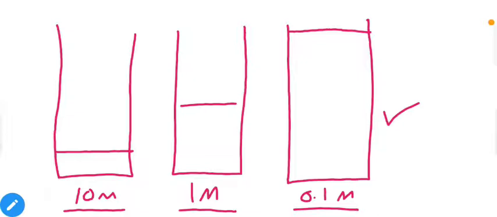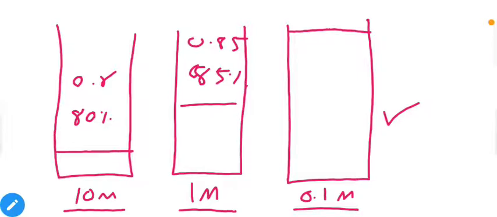So let us say in 10 molar concentration, our strong electrolyte gives 80% dissociation. That means out of 1 mole, 0.8 mole will be dissociated. In 1 molar solution, let us say 85% ionization occurs. That means 0.85 moles out of 1 mole added will be dissociated, or will produce ions.